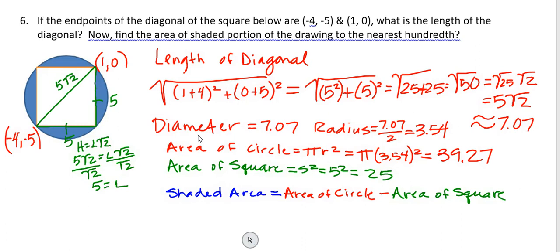So that means we're going to take the 39.27 and we're going to subtract from it the 25. So my final answer for the shaded area is equal to 14.27, and these are going to be units squared because again it's area.